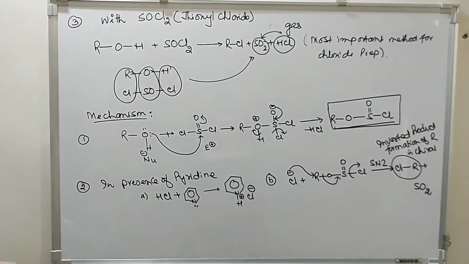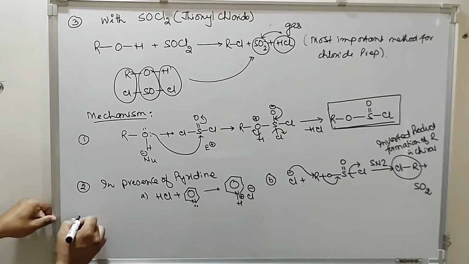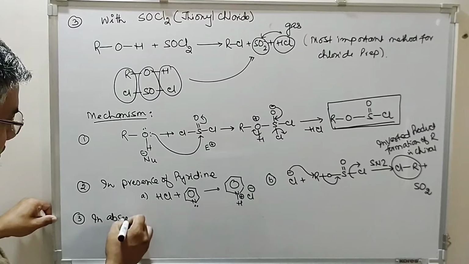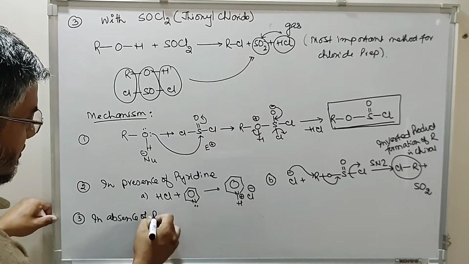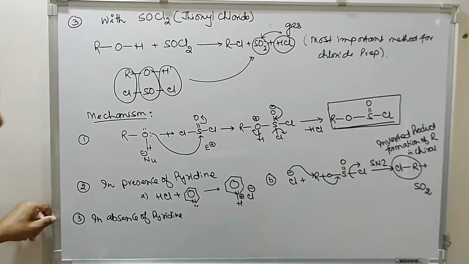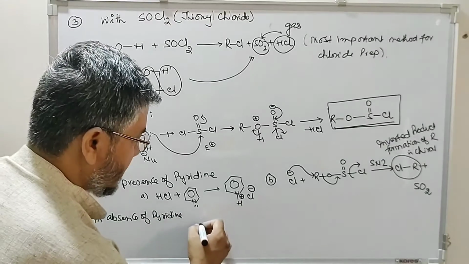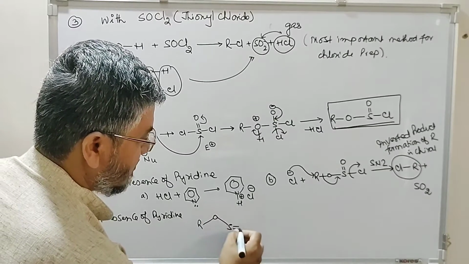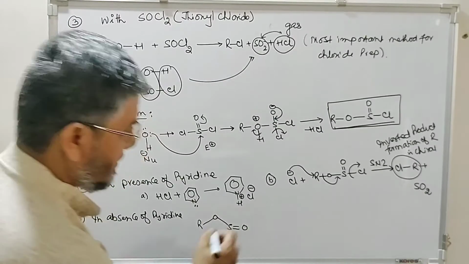But if the reaction is taking place in absence of pyridine, so what is happening is, let's see. In absence of pyridine, look at this, we have this R-O-S double bond O-Cl.